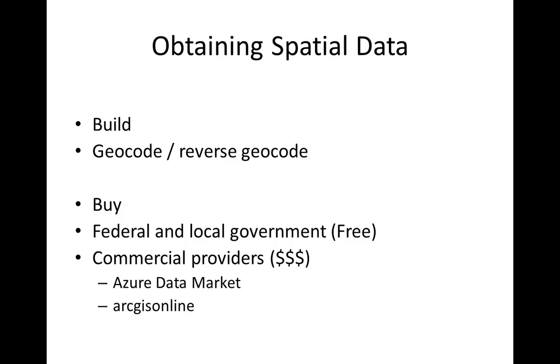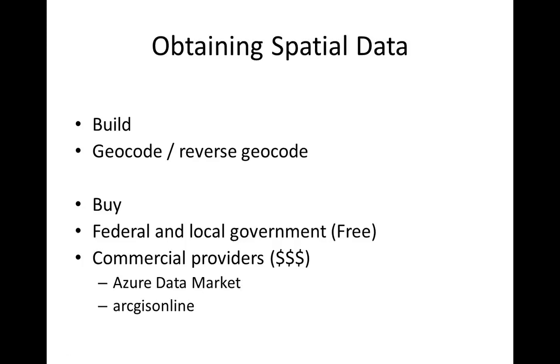The other way to get this data is to buy it, and of course, the way you buy data from the federal and local government is by paying your taxes, because they have to put this data up on their website for free. So the thing to search for there is census data or Tiger data, and that's all those shapefiles that I used to load the subdivision, the landmark data, the zip code data.